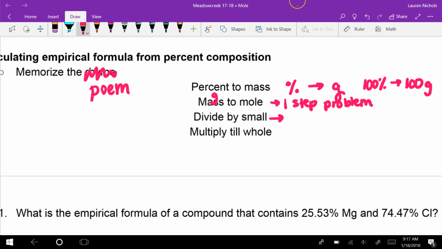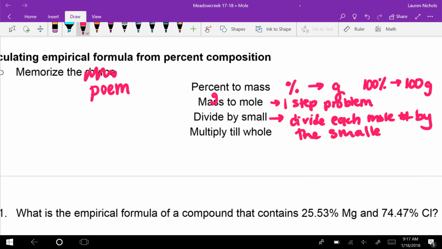Divide by small, you divide each mole number by the smallest. Okay, so not too terrible. And then if after you have divided them, you don't get whole numbers, if you get numbers that end in 0.3, 0.5, or 0.7, you need to multiply till whole.